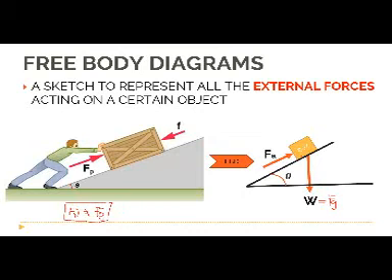Since the force due to gravity is the force exerted by the box on the surface, there is also an equal and opposite reaction by the surface, and that is the force exerted by the surface on the box, which is our normal force.